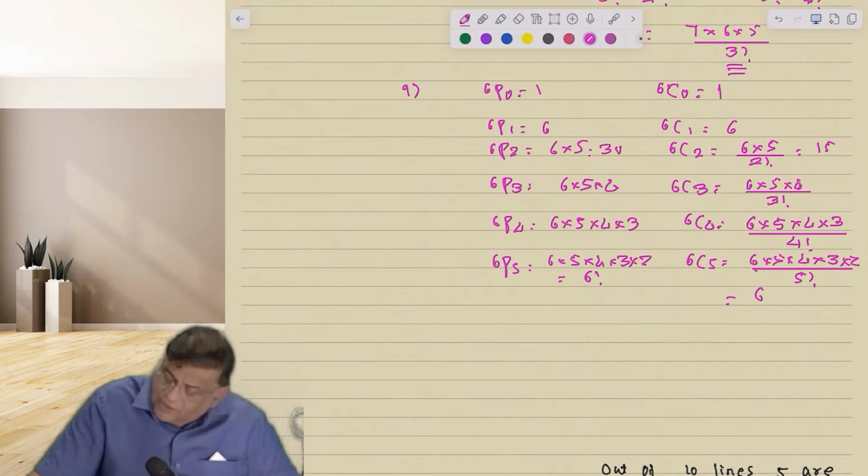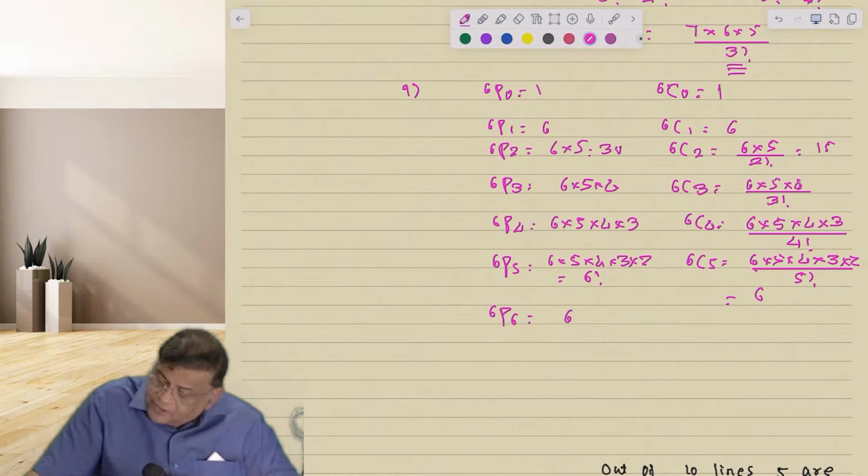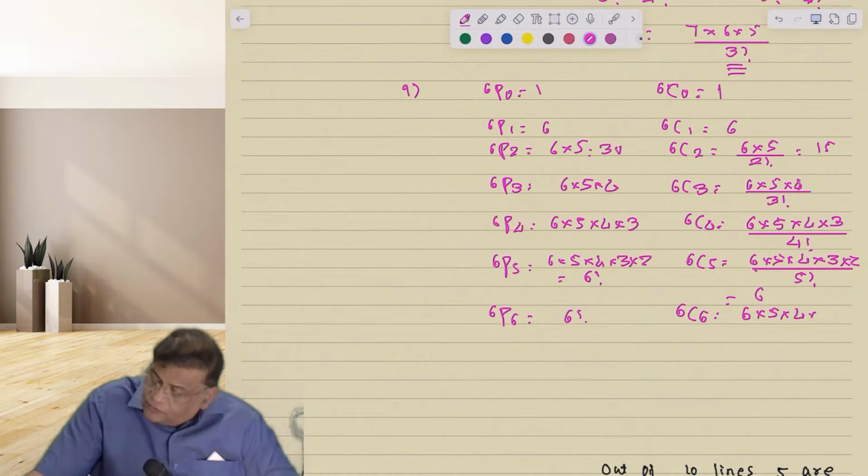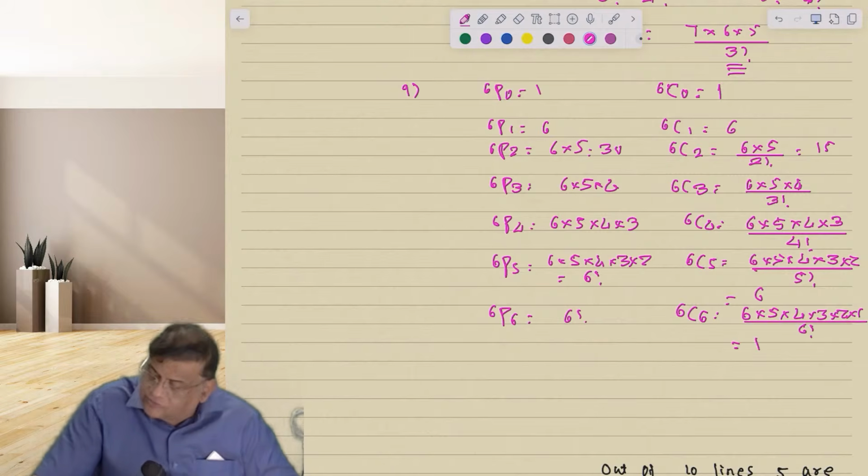And then if I ask you 6P6, then you know it is 6 factorial. But 6C6 is 6 into 5 into 4 into 3 into 2 into 1 over 6 factorial, but it is same, so it is just 1.